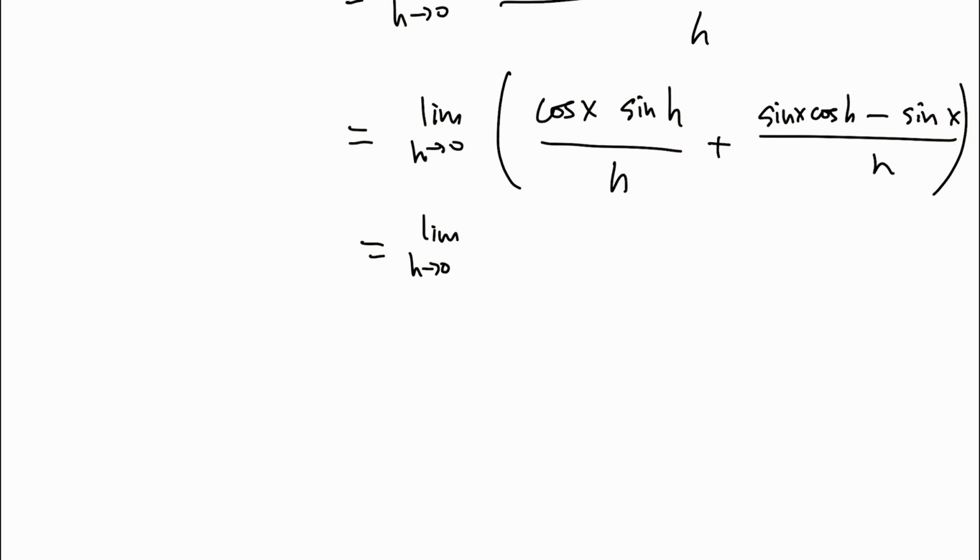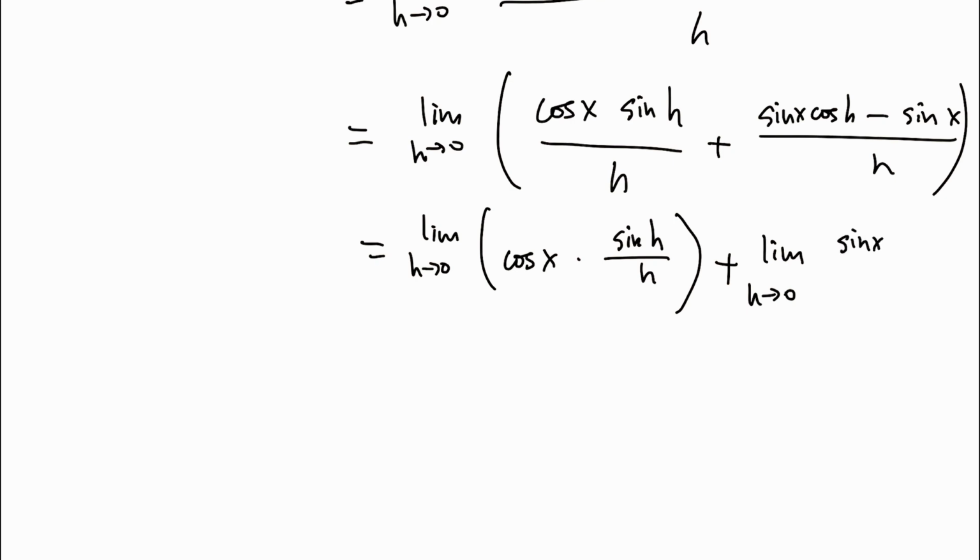That would be equal to cosine x times sine h over h, plus the limit as h approaches 0 of sine x times cosine h minus 1, where we basically factor out sine x, all over h.